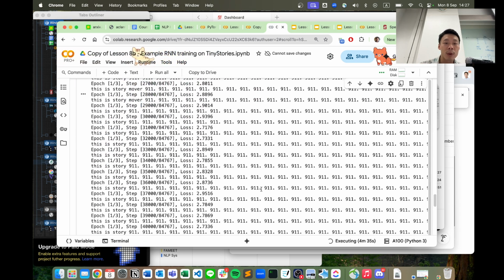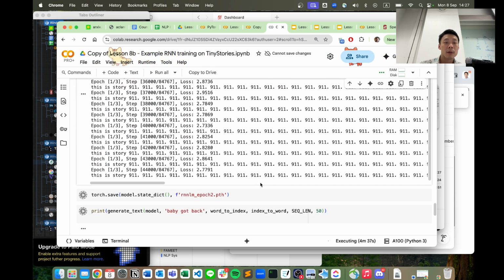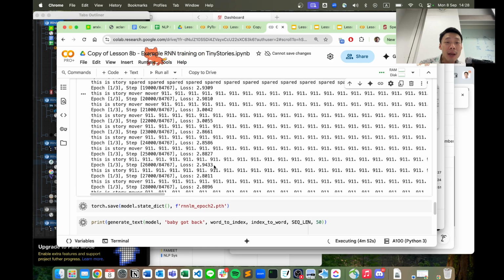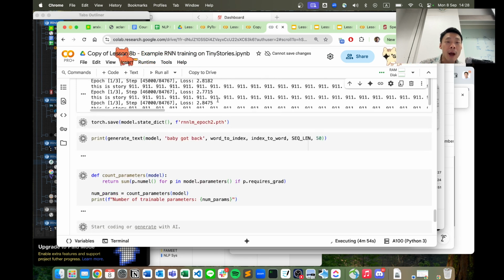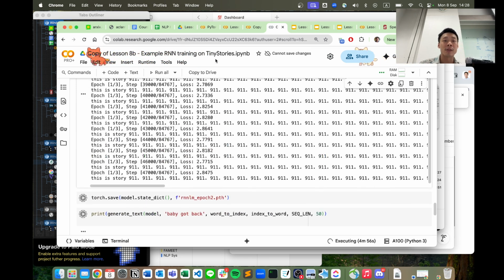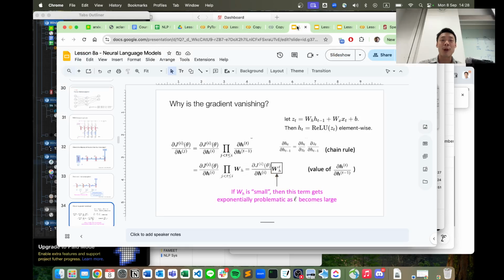It's a bunch of 911 now. Story 911. Well, it will come back at some point. It will become a good model at some point. We cannot lose hope yet. Maybe the loss is still going down, so maybe it will get good, but we'll come back to that.